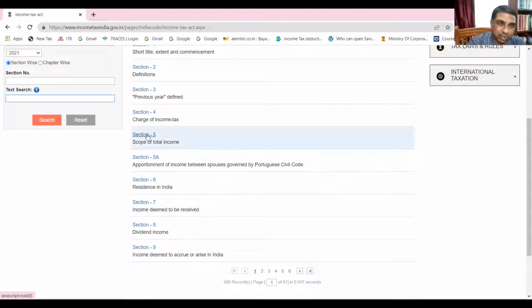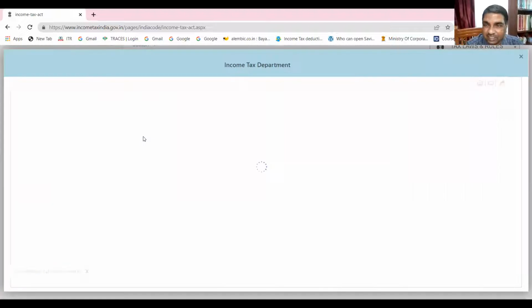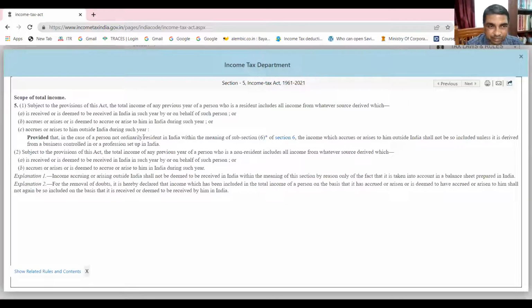Just let me show you how section 5 looks. Just have a glance. Are you able to see? Subject to the provisions of the Act, the total income of the previous year of a person who is resident includes all income, from whatever source derived, which is received or deemed to be received in India, accrues or arises or is deemed to accrue or arise to him in India, or accrues or arises to him outside India during such year.